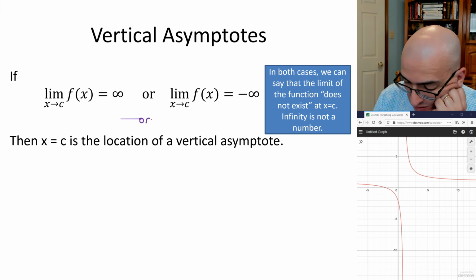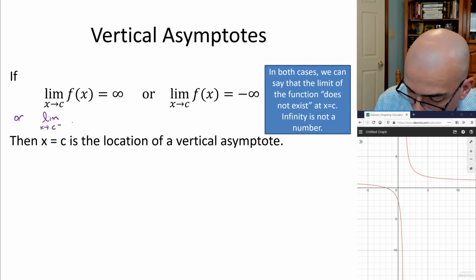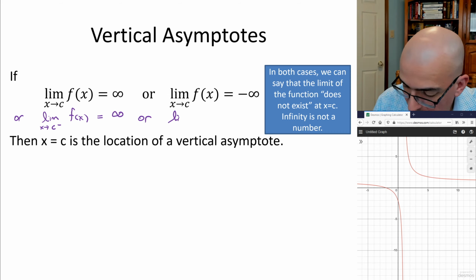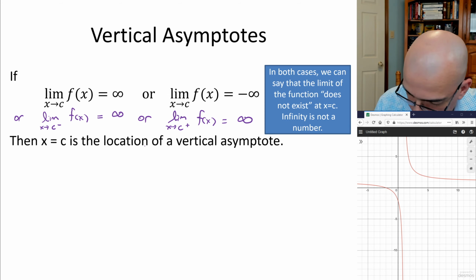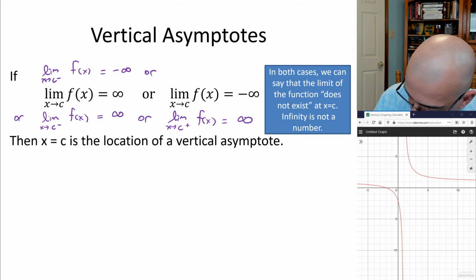or limit as x approaches c from the left of f of x is equal to infinity, or limit as x approaches c from the right of f of x is equal to infinity, or limit as x approaches c from the left of f of x is equal to minus infinity, or limit as x approaches c from the right of f of x is equal to minus infinity.